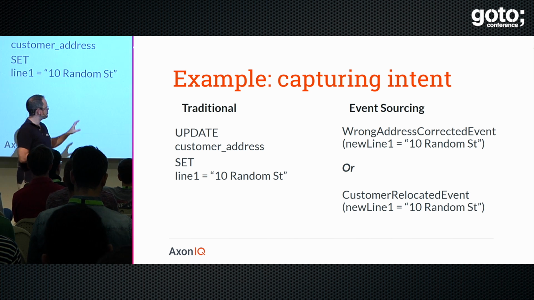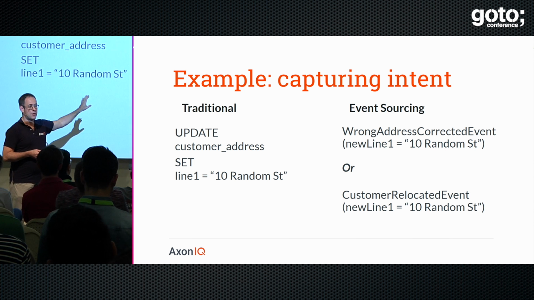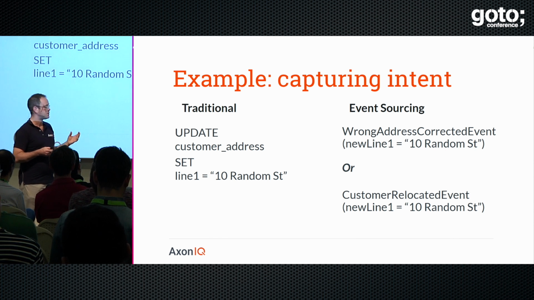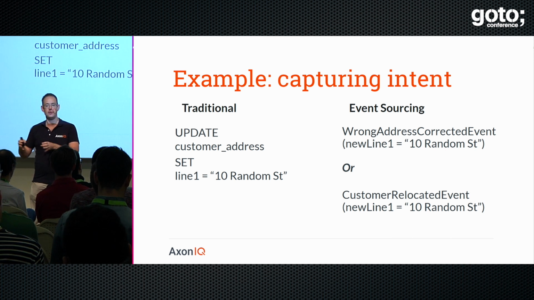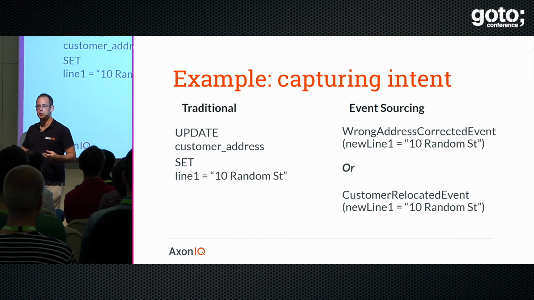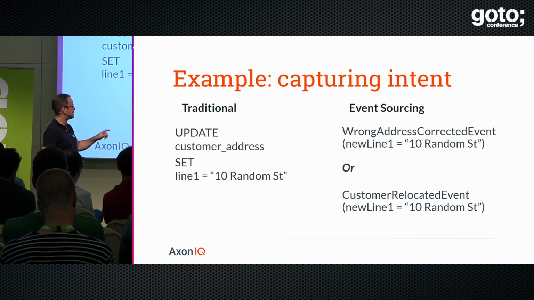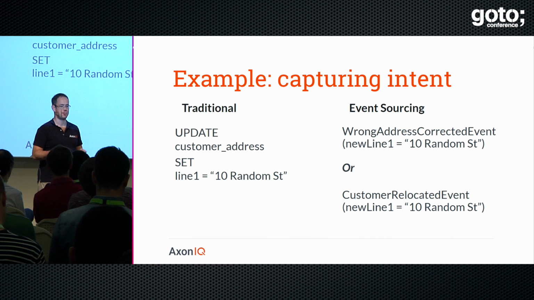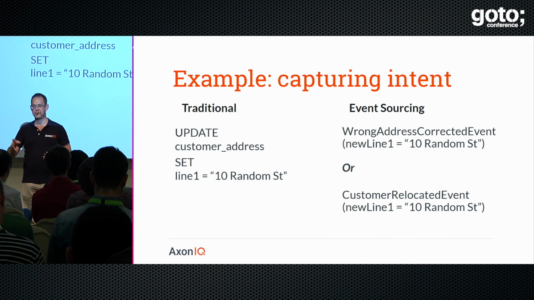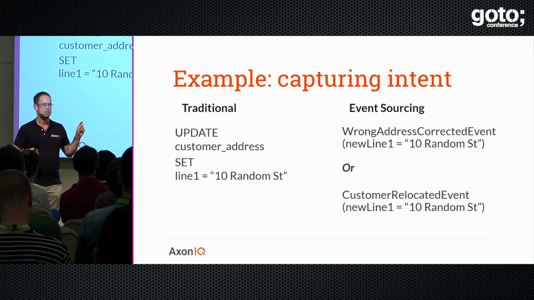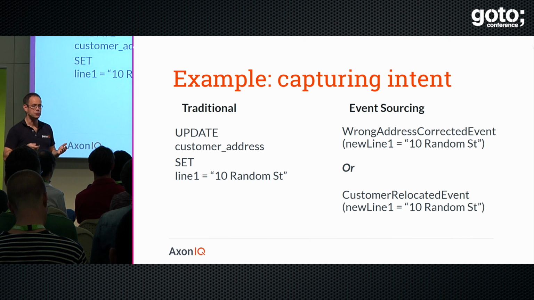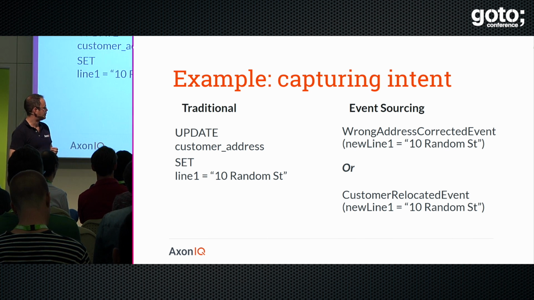But you may distinguish between a mere correction of an address versus an actual customer relocating to a new address, which are from a business perspective different things that you might react to differently. If you get the second event, you might send a nice postcard to your customer saying congratulations on your new house. It doesn't make any sense if it's the first event. So it's good to make that distinction. That's what event sourcing can do.